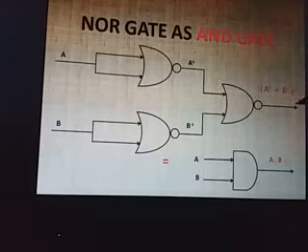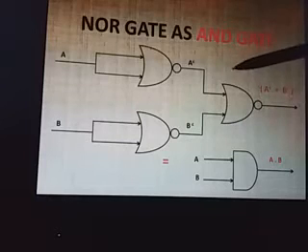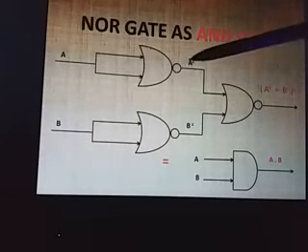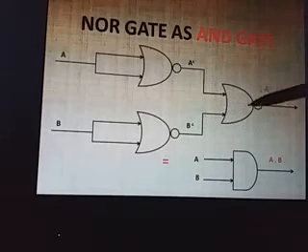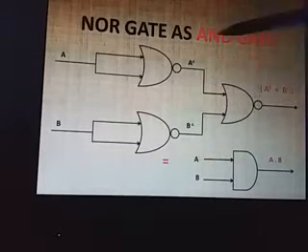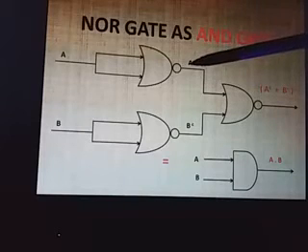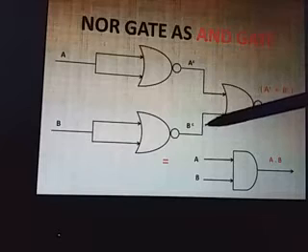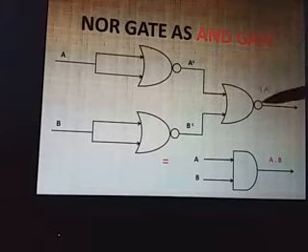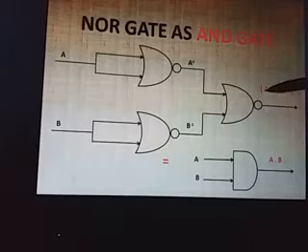When it is a NOR gate receiving the inputs A complement and B complement, its output will be complement of the sum of A complement and B complement. Nice. The output will be complement of sum of complement of A and complement of B.